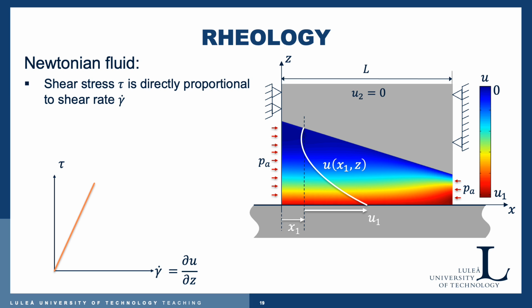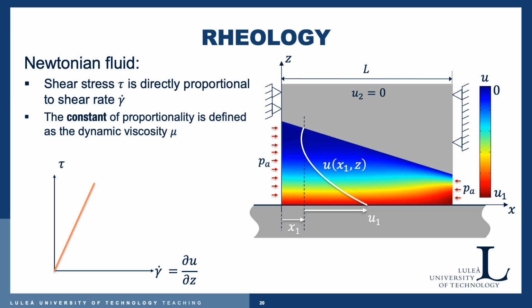Now, as you understand, of course, du/dz is a varying function, and it actually has a maximum value. This constant of proportionality in the relationship between the shear stress and the shear rate is defined to be the dynamic viscosity mu.